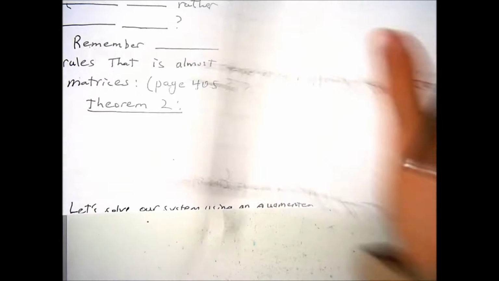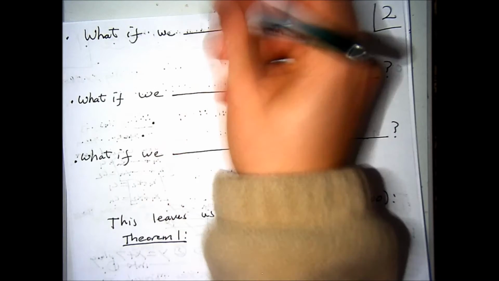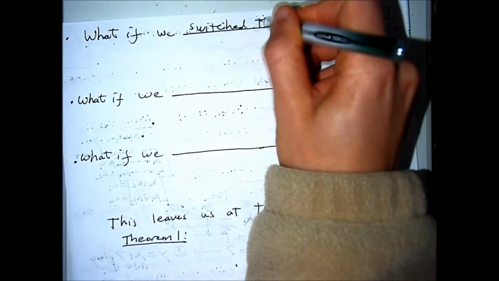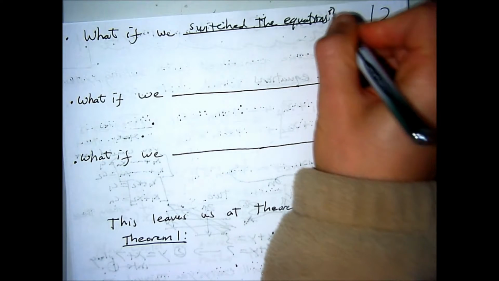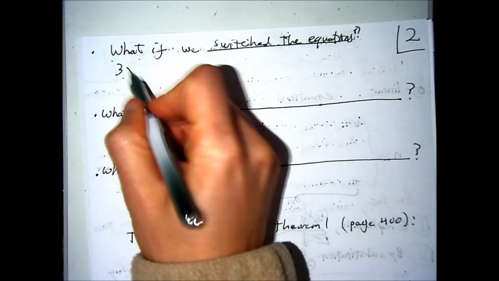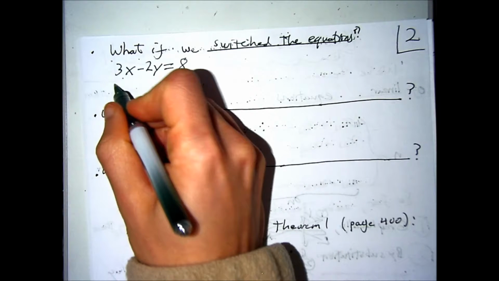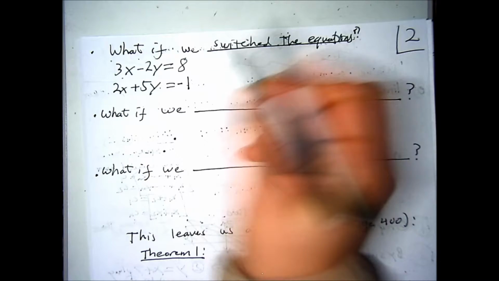Well, what if we switch the two equations? So we had 3x minus 2y equals 8, and then 2x plus 5y equals negative 1.